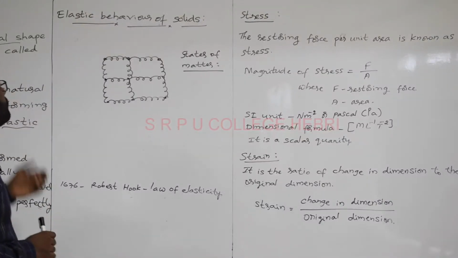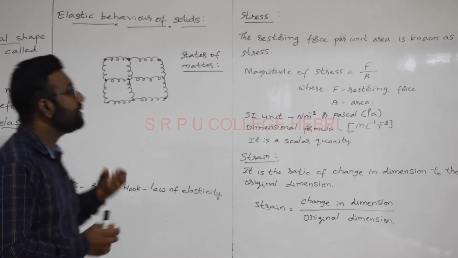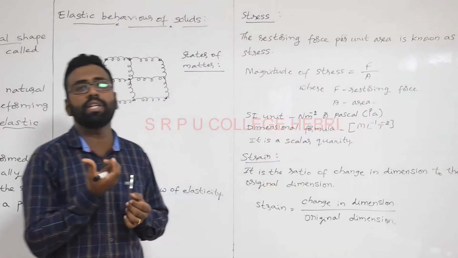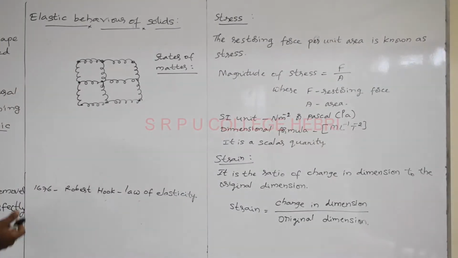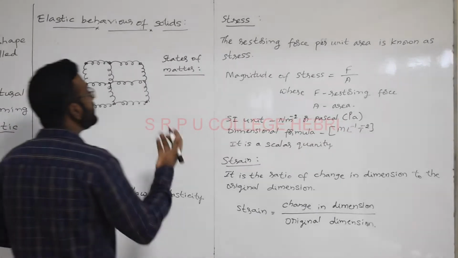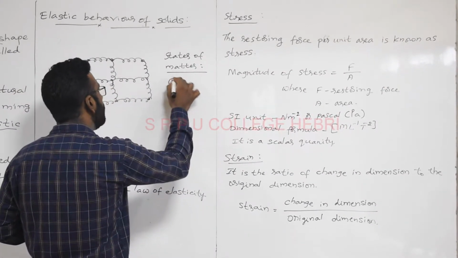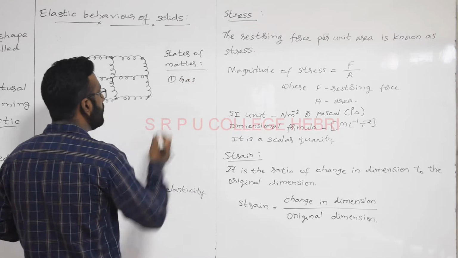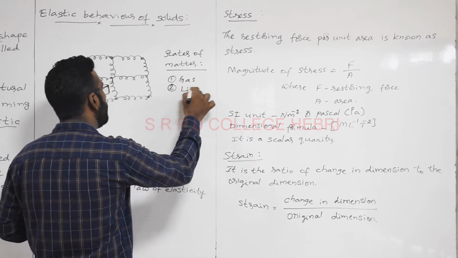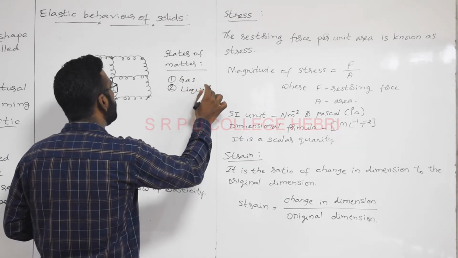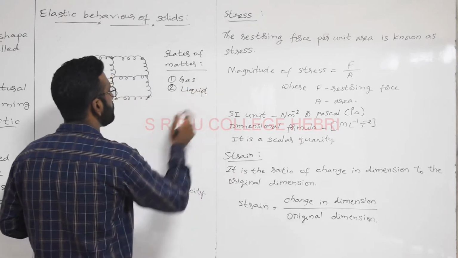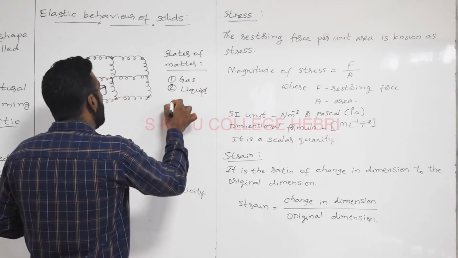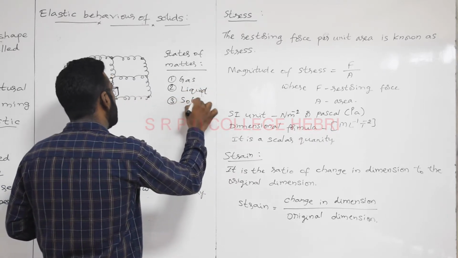Now we will see from where this elastic behavior in solids originates. There are different states of matter: gas, then liquid, then solid.